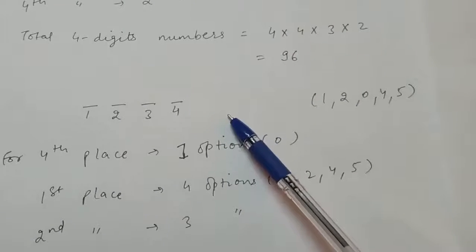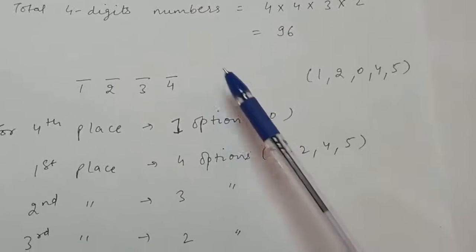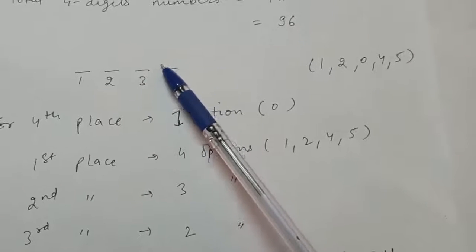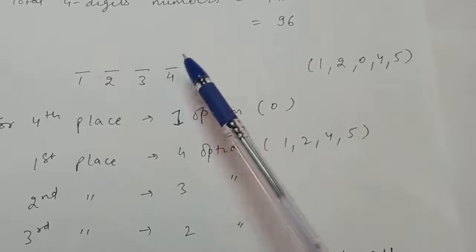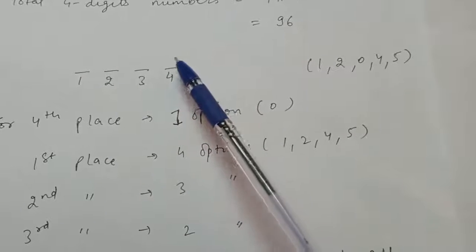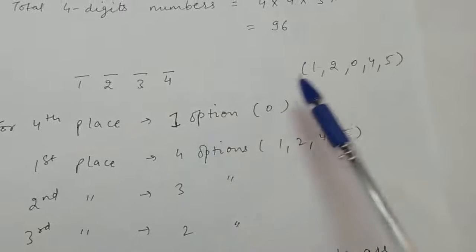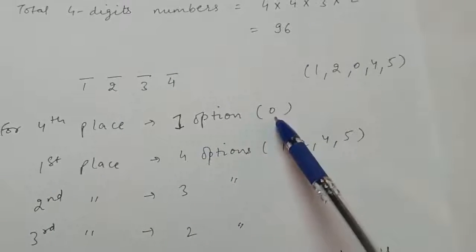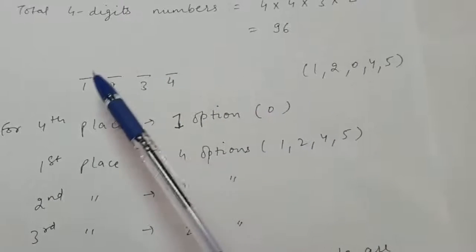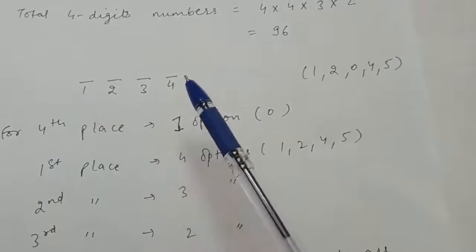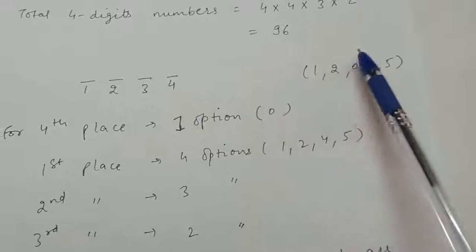Now they have asked how many of these are divisible by 10. So if the number is divisible by 10, then at the unit place it should be 0, right? So for the fourth place we have only one option, 0, right? Now the first place also has 4 options, because digits can't repeat, so 0 will not come.